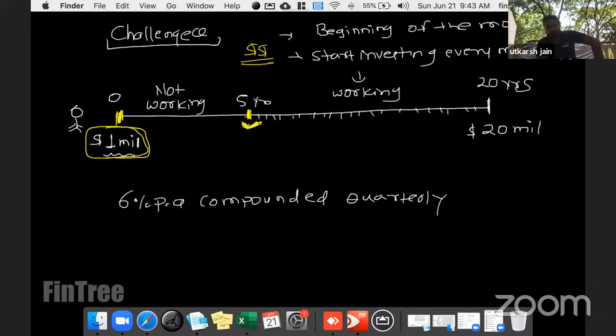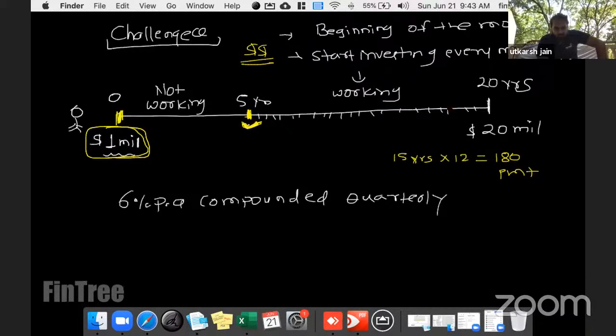And it will go on till when? It will go on till 20 years. So how many investments will he make? These are 15 years, and he's making a monthly investment, so into 12, he would be making a total of 180 payments, right?